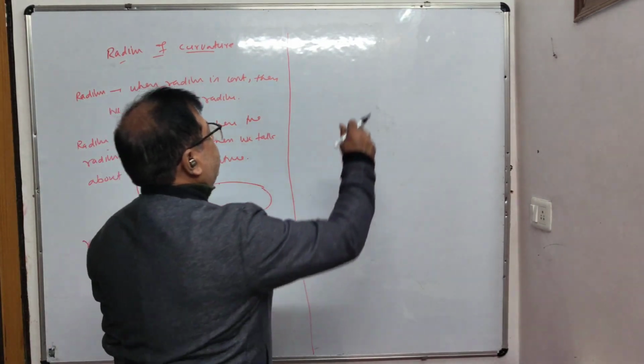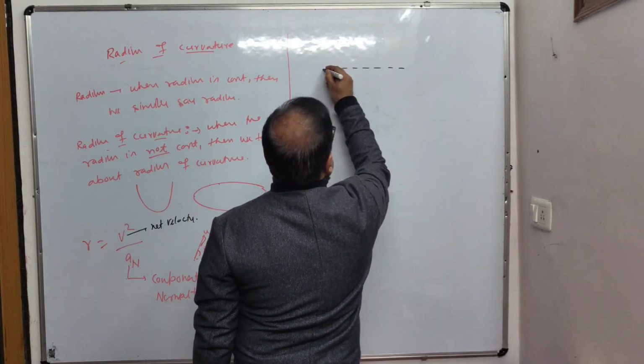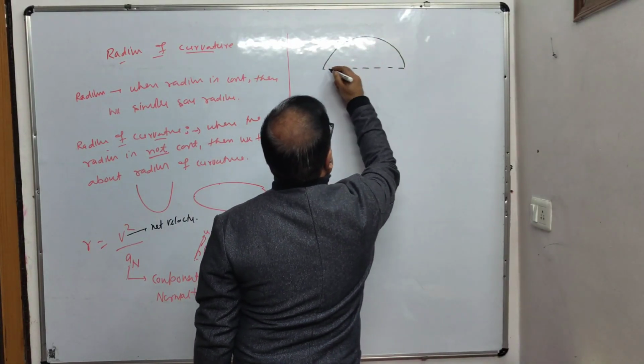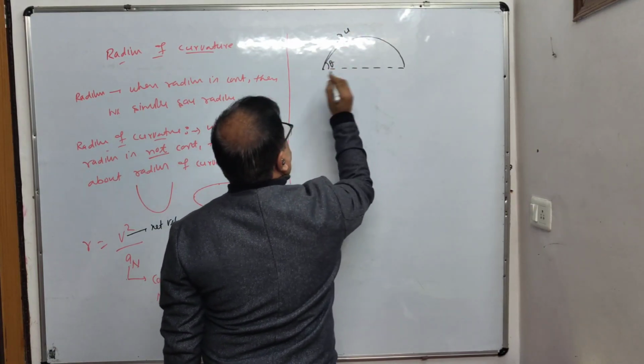For example, suppose you are throwing a ball and this is u velocity.